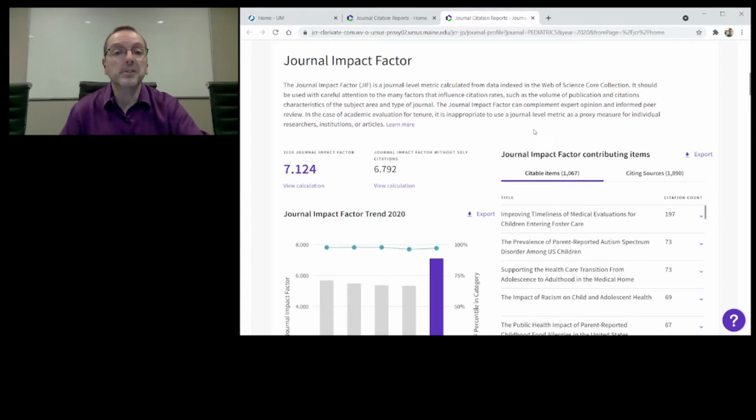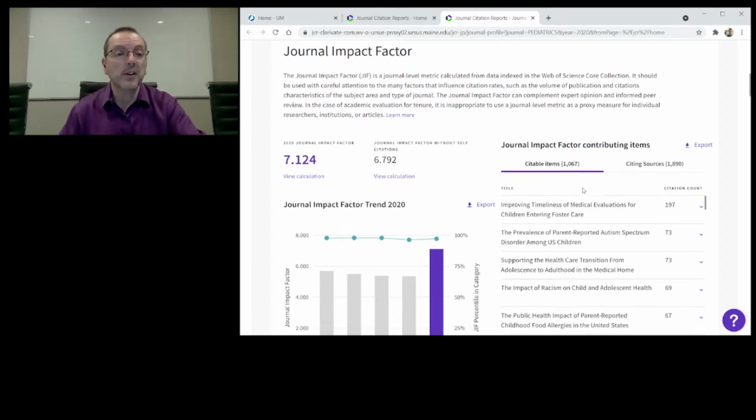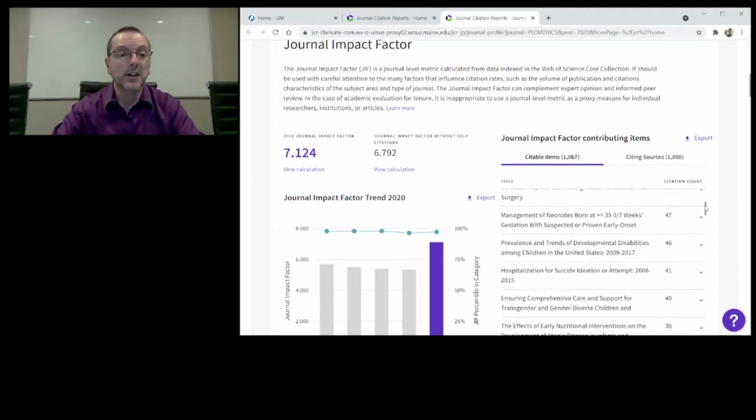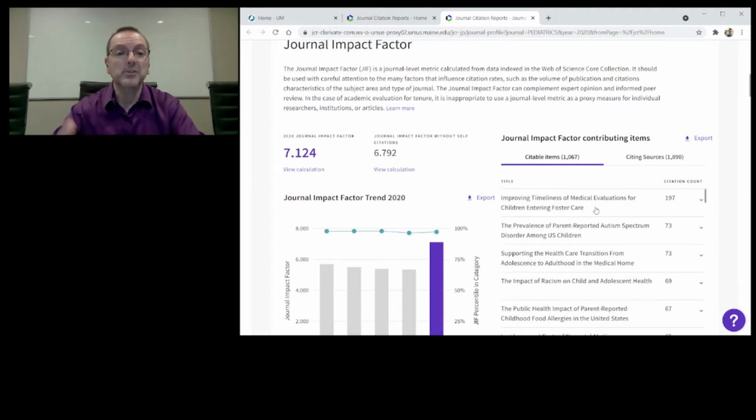Now you'll also notice that to the right, we have a list of all the articles from that 2-year period, all 1,067, that contributed to that impact factor. You can kind of scroll through here and see for the different articles how many times they were cited. So starting with this one that was cited 197 times, that's phenomenal.